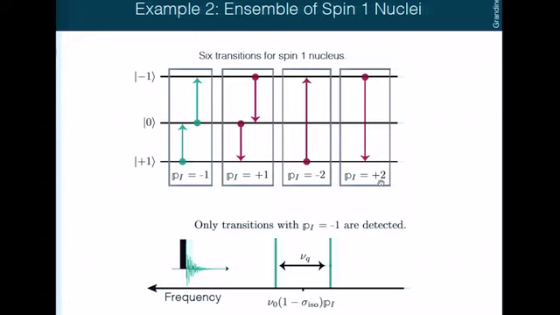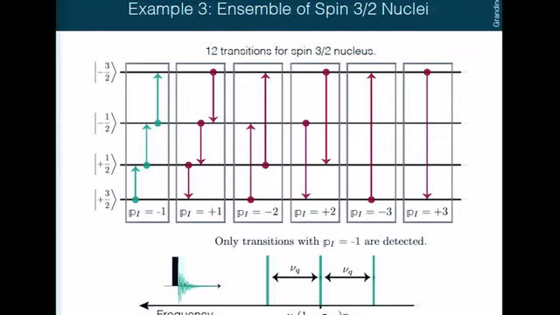Now, if I go to spin 3 halves, I get even more transitions. So you can see that what you observe is just the tip of the iceberg of all the transitions that are present in an NMR spin system. So we detect these p equals minus 1s, but there's also the plus 1s, the minus 2, the plus 2s, and the plus and minus 3s there. We can only detect these minus 1s.